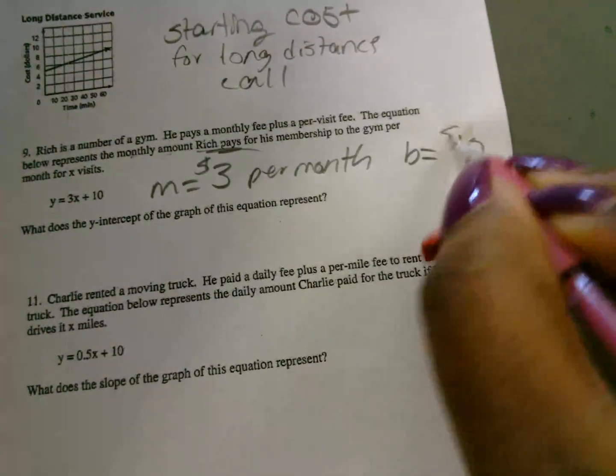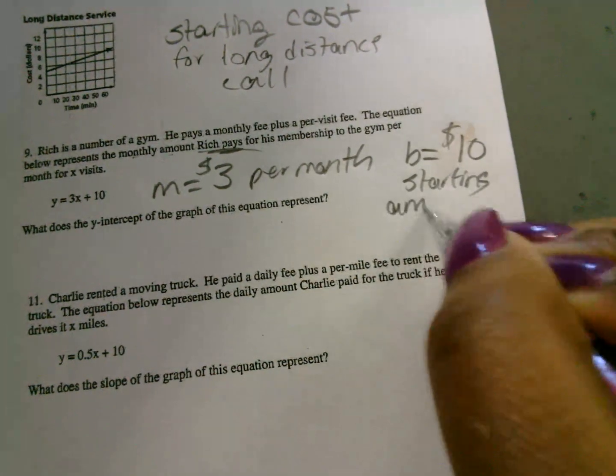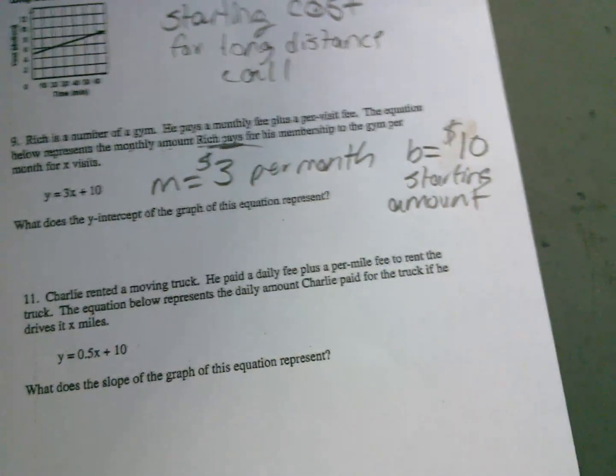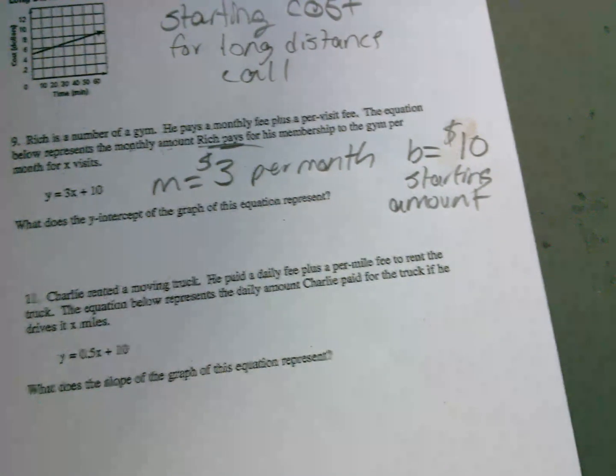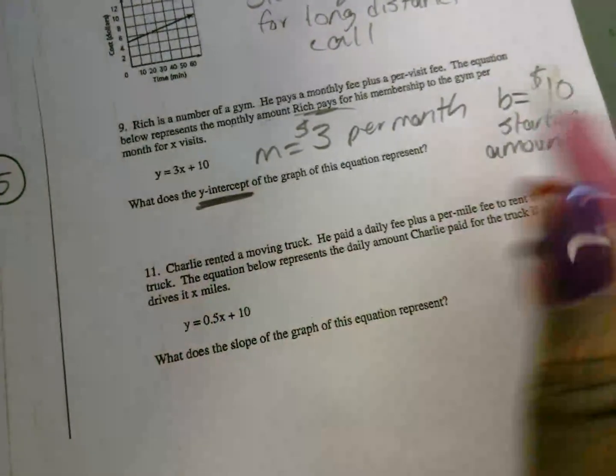The 10. So that's the starting amount. The starting amount for the membership. And that's what the y-intercept represents here. It's the starting amount.